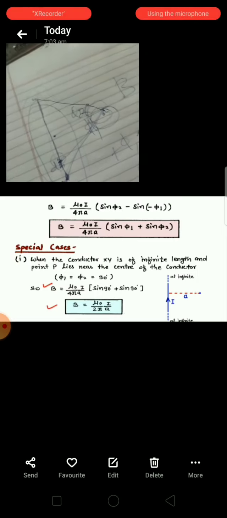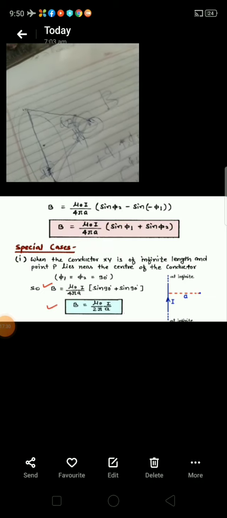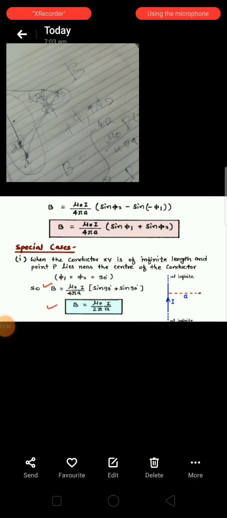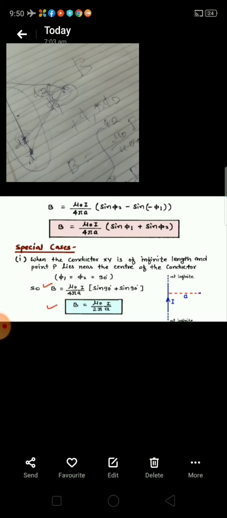The integration of cos phi is sin phi, applying the limits, minus minus is plus, so sin phi 1 plus sin phi 2. This is the final expression for the magnetic field produced by a straight current carrying conductor.